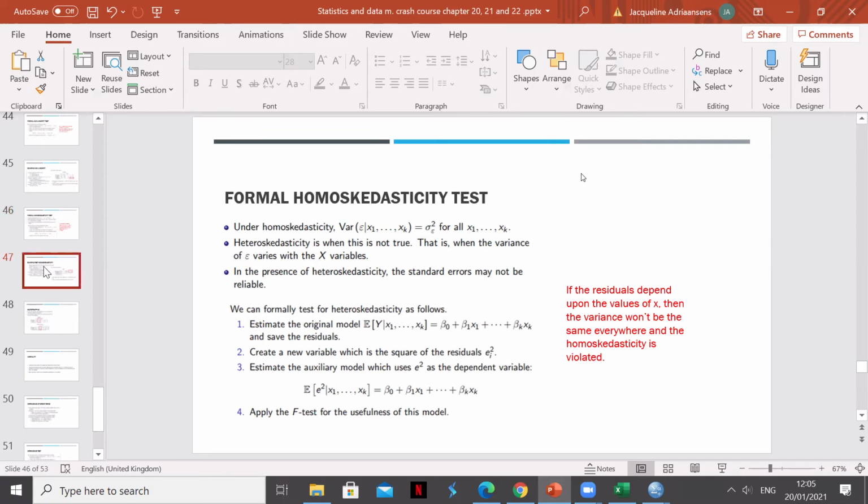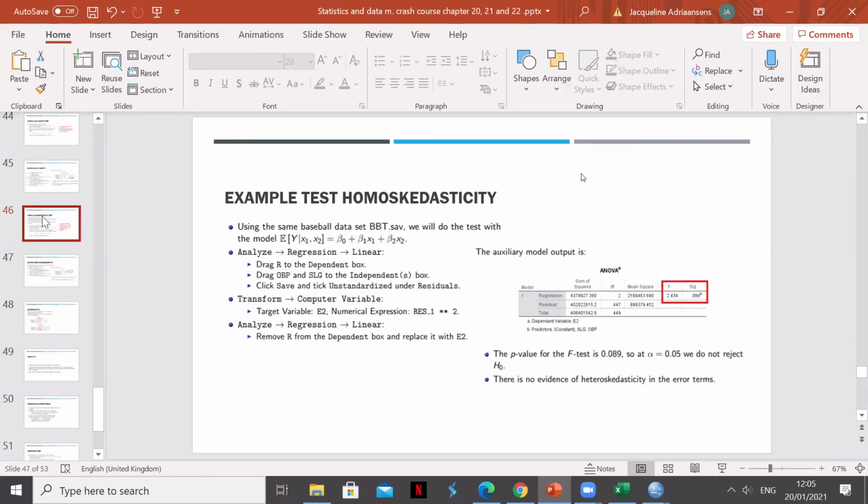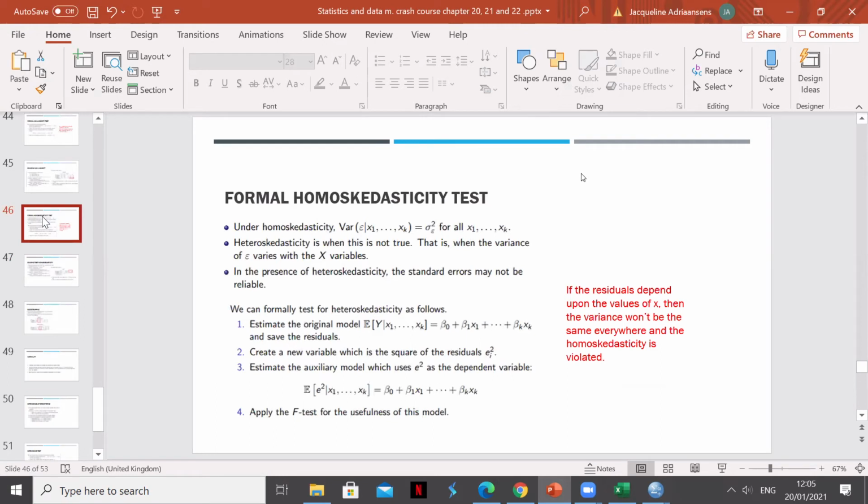And I just said you cannot reject H0. If you cannot reject H0, then there is evidence that those coefficients are all 0. And that is good. Why is that good? Because it allows us to conclude that the error terms do not depend upon the X's, because those are 0.